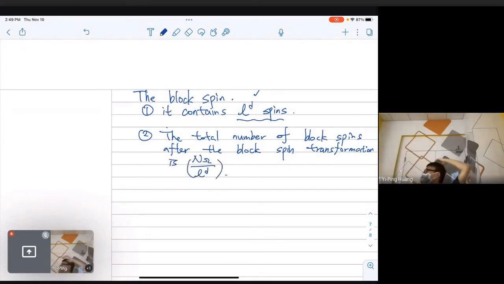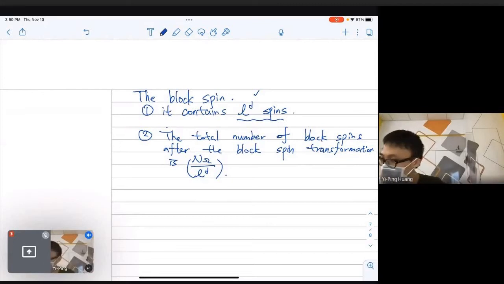This is not difficult to understand, because you initially have N_omega spins, and now you pack every L^d spins into one block spin. Then eventually you have N_omega divided by L^d blocks to analyze.